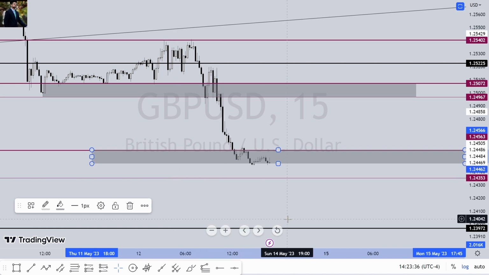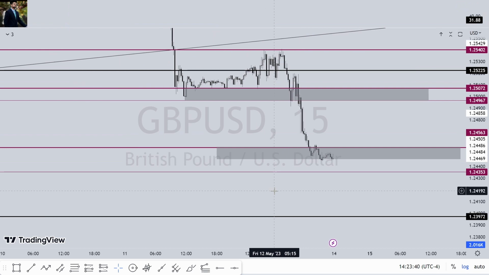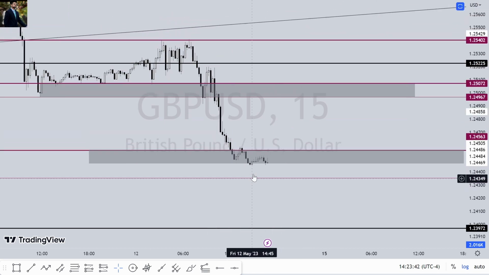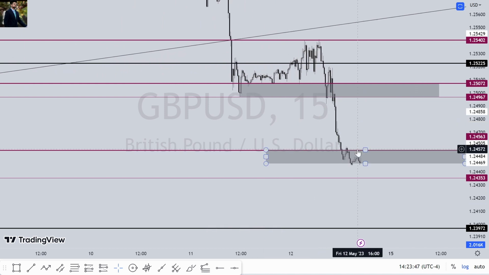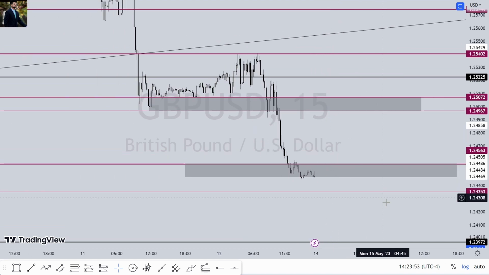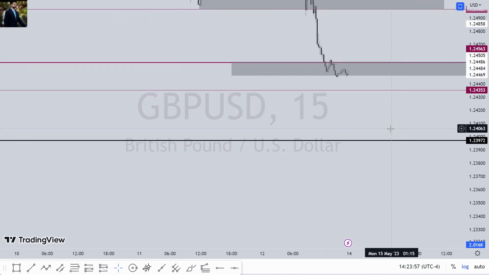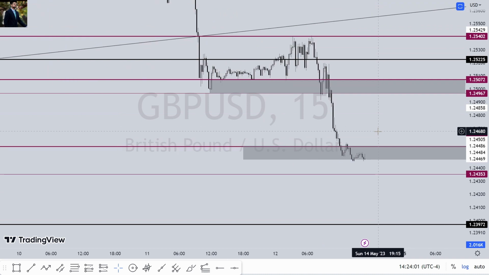Don't use bigger than this, otherwise you will get confused. Okay, it's kind of a level here. Just think of this as a part of this whole range. Okay, I'm pretty sure the price can move down 100 points more, or probably go down here as well. And this is all the way.